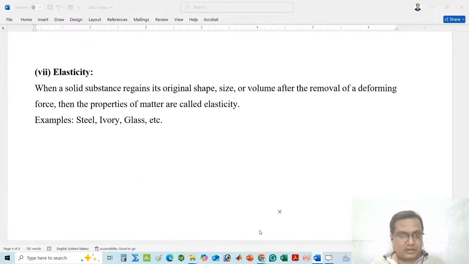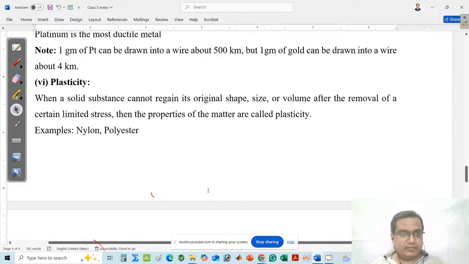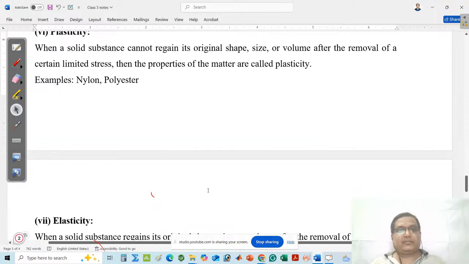Remember these more important points. If you stretch something, it will increase in length, and after removing the force, it will regain its original shape, size, or volume.